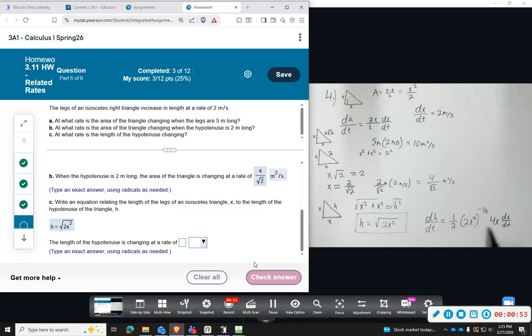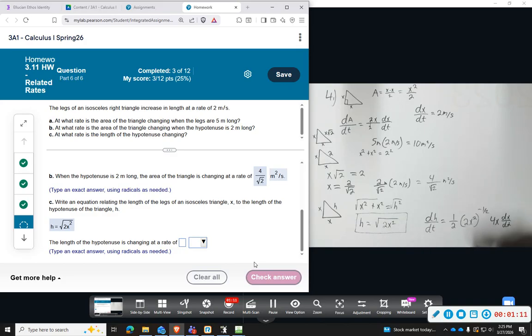And the only thing we have to go on is the original units, that the triangle's length is increasing at a rate of 2 meters per second, and we're assuming the legs are length 5. Okay, so in the hypotenuse.